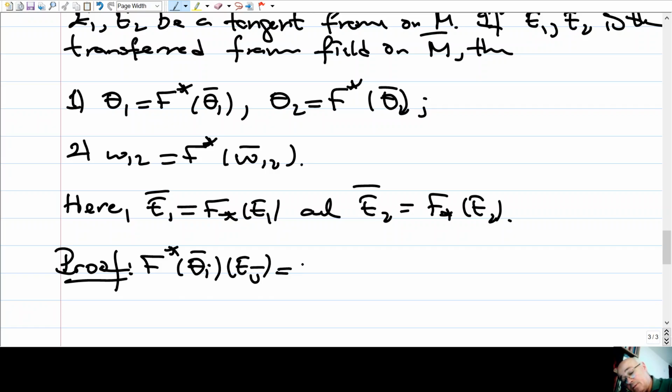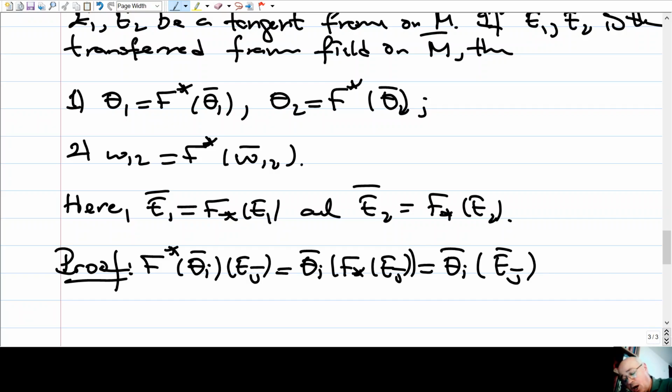Well, what is this? This is by definition theta i bar of f star of Ej, but this is just theta i bar of Ej bar. However, this is just Kronecker delta ij because these are dual objects.